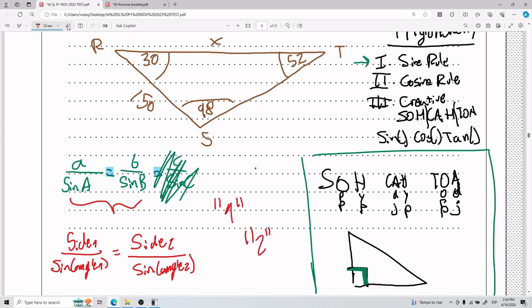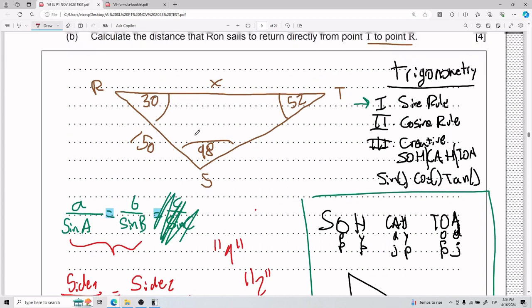Okay? So in this case, what is the only side I have? The only side I have is 150. And what angle is associated to 150? 52. And what are you trying to find? X. And X is associated to which angle? 98. So that means you can plug in.